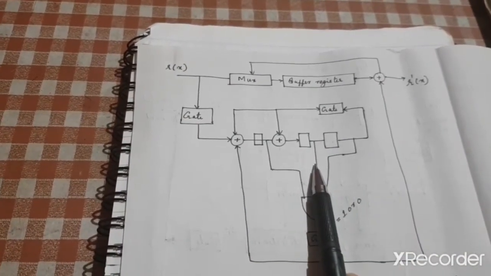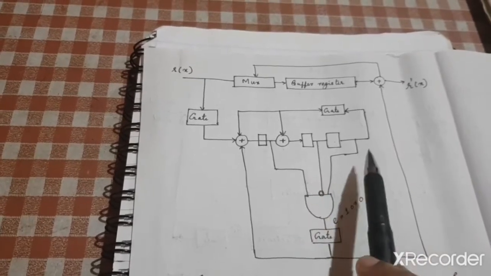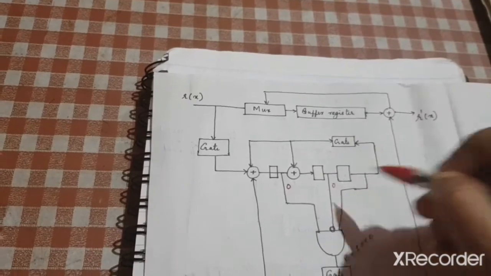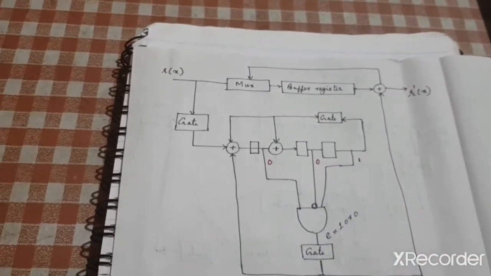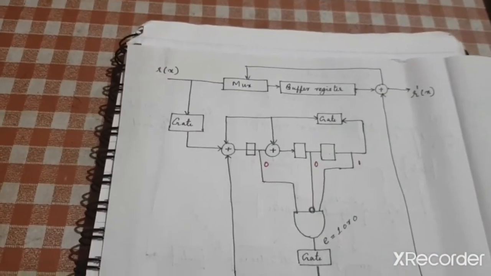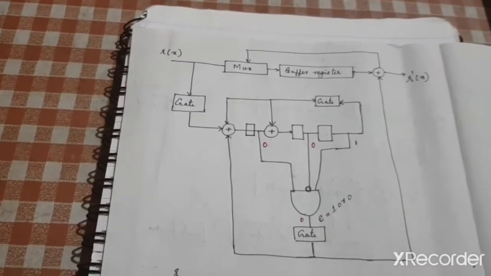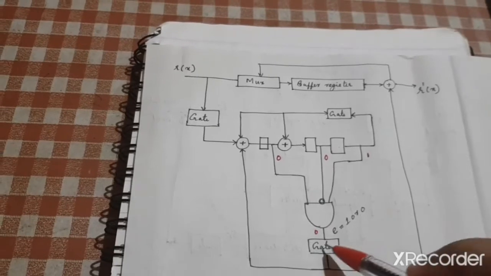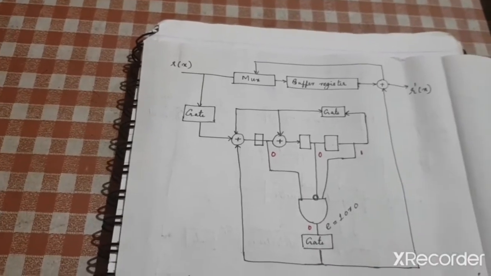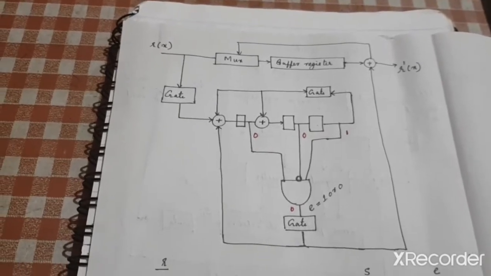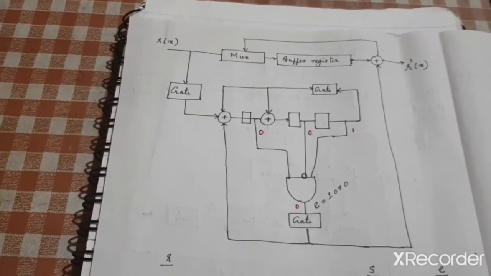The syndrome computation circuit will compute 0, 0, 1 here. So it's very clear that your AND gate here will produce a 0. This 0 propagates to this adder and nothing happens, that is, a 0 is added to your buffer register.